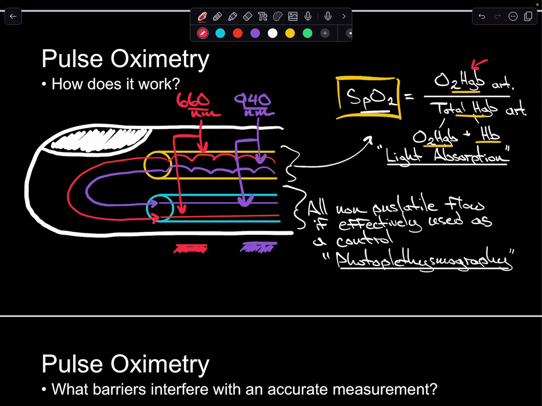So this is going to be your hemoglobin that absorbs the red light. Same with this. And then your unbound hemoglobin is going to be the one that absorbs the light that I've drawn in purple.